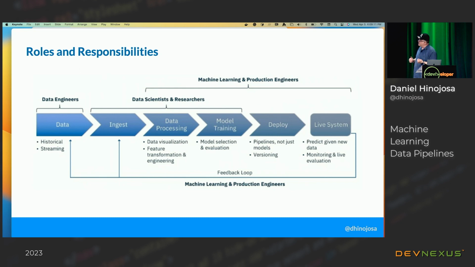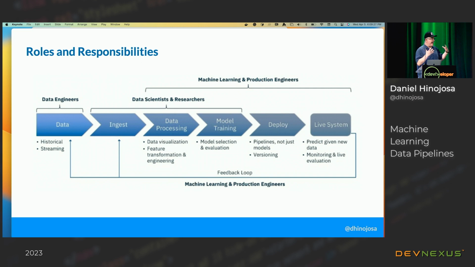So we have data engineers here on this graph. We have data scientists and researchers as part of this graph, and we have machine learning and production engineers. So the data engineers is the historical streaming side of the information. How are we ingesting this data?